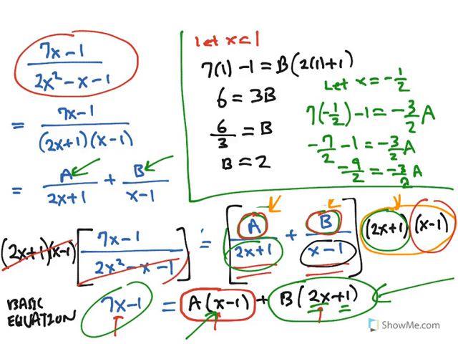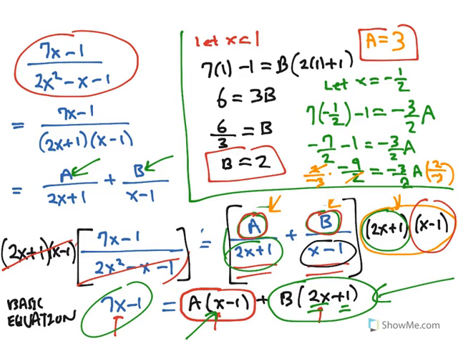And you can now solve for A by dividing both sides of the equation by negative 3 over 2, which is the same as multiplying by 2 over negative 3. So that will isolate A when you multiply both sides of the equation by 2 over negative 3. And you'll get A is equal to, so 2 and 2 will cancel, and negative 9 divided by negative 3 is positive 3. So A is equal to 3, B is equal to 2.